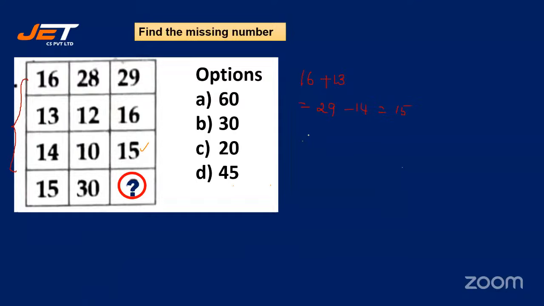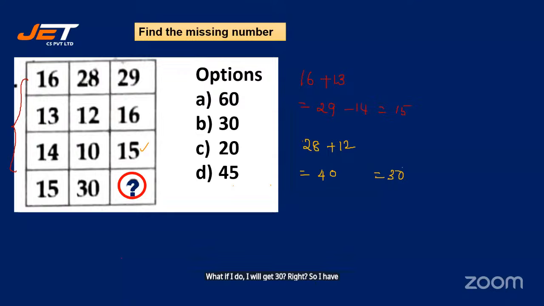Right. Similar, same strategy let us use for the second one as well. 28 plus 12 will give me 40. What if I do? I will get 30, right?